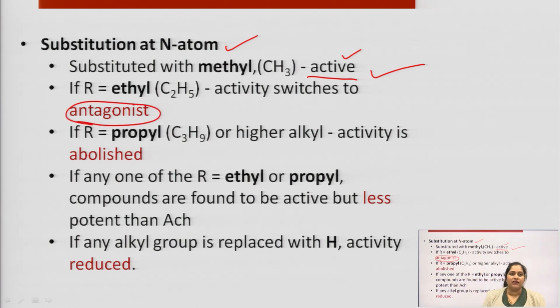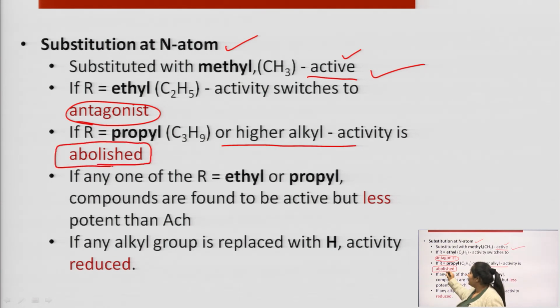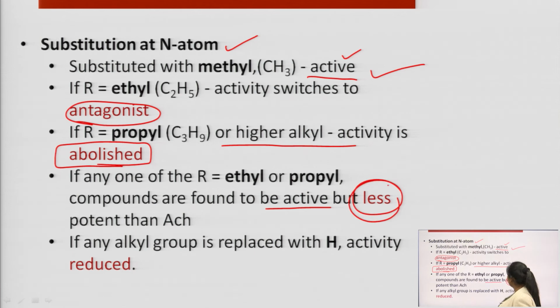Now the ethyl-containing nitrogen compounds will be antagonist in nature. With a further increase in the carbon chain, like propyl or higher alkyl groups, the activity is completely abolished, so they will not possess any kind of activity.